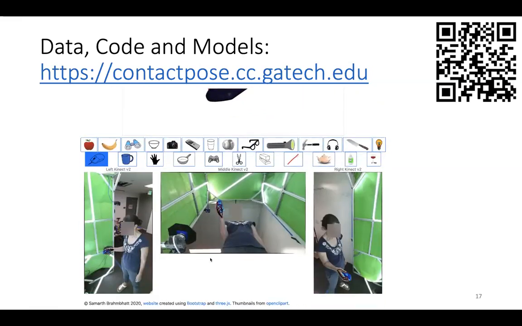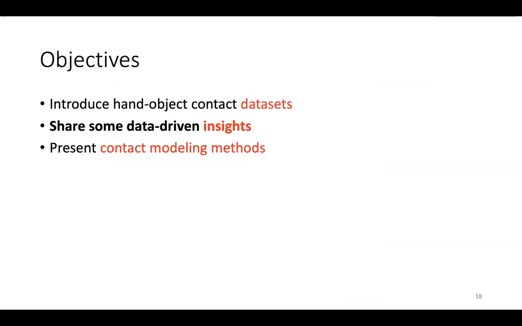At the same time, we have an API for the ContactPose dataset. You'll find links there to load the dataset for your own machine learning task. And the entire dataset is publicly available for download. All right, so that was the data that's going to be used for the rest of the talk.